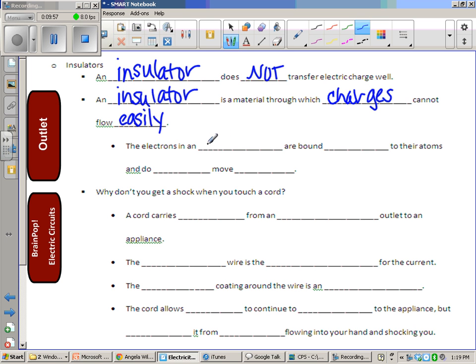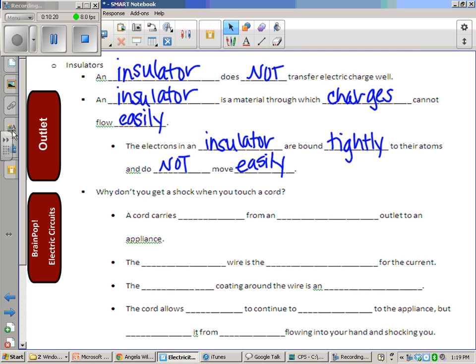The electrons in an insulator are bound tightly to their atoms and do not move easily. Your electrons are not going to be able to get through that insulator.